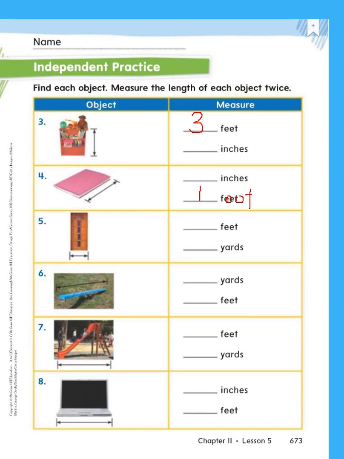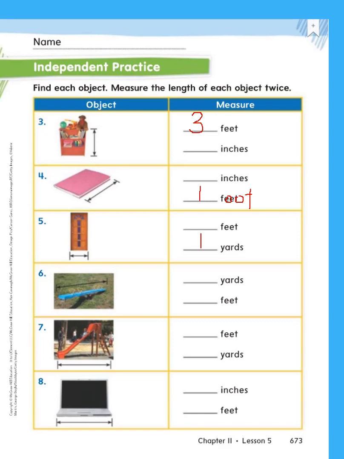Okay, and you're going to tell me how many inches that is. The next one is the door, and I'm going to say that that door is 1 yard wide. For number 6, that's a seesaw.